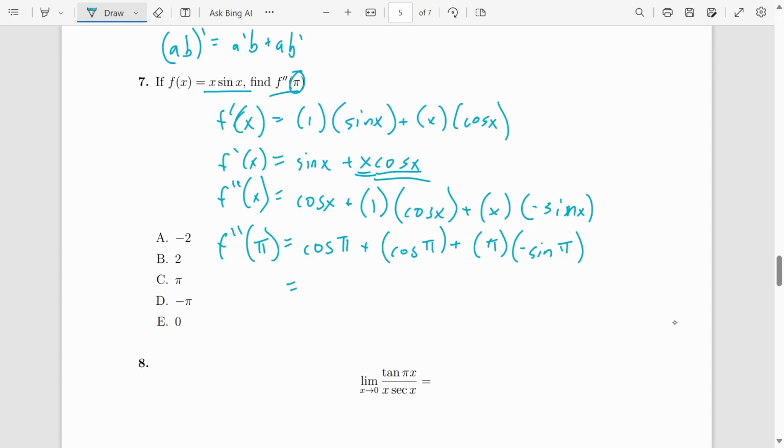So cosine of pi, that is negative 1. So is this one. So minus 1 plus pi times negative sine of pi. Sine of pi is just 0. So this is all going to be 0. So we can basically forget about all of that. Negative 1 minus 1 is now negative 2. And that is our answer.